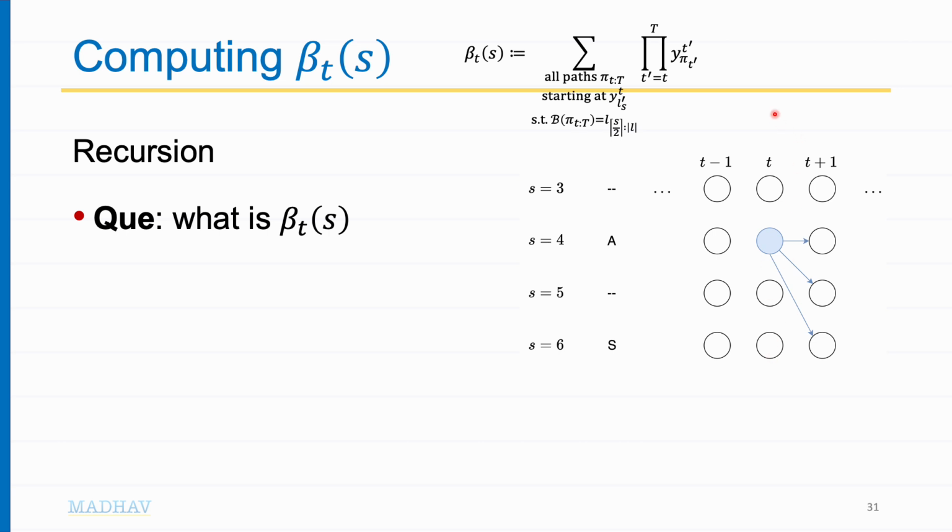What is beta T now at this node, let's say? Anybody is done? Raise your hand. Okay. What's your name? Om. Okay. Yeah.